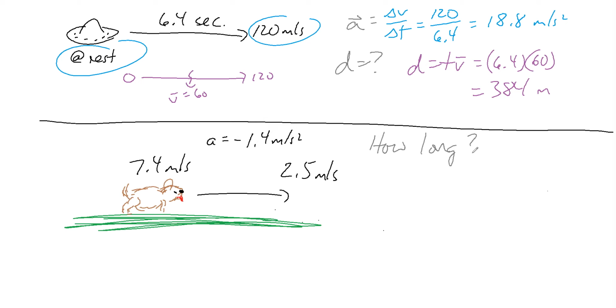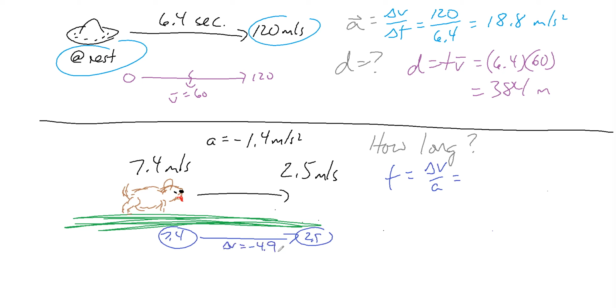Okay, so I'm looking for time, so we can do that. Time would be the delta v divided by the acceleration. Okay, so what's my delta v? Well, my dog started at 7.4 and it went down to 2.5. Obviously it got slower. So if I find the difference between the two, just subtract the two values, the change in v was 4.9.